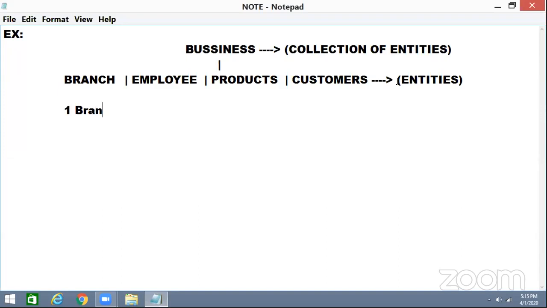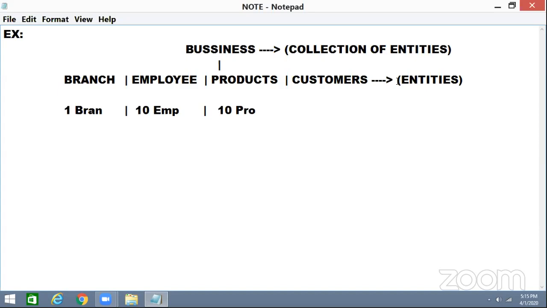In this one branch, initially I'm taking 10 employees. So how many employees here? 10 employees. And initially, I introduced 10 products. Carefully observe.